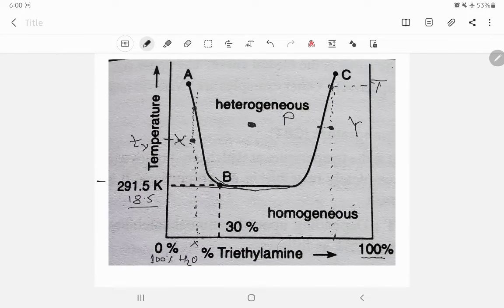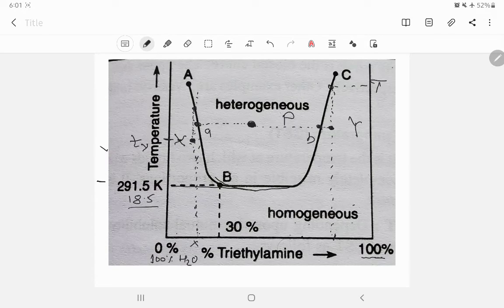We call them conjugate solutions, and the compositions of these two solutions are given by points on this parabola, say A and B. One solution is a saturated solution of triethylamine in water, and the other solution is a saturated solution of water in triethylamine. Got it? And this is the lower CST. As we go on increasing temperature, they become more and more immiscible.